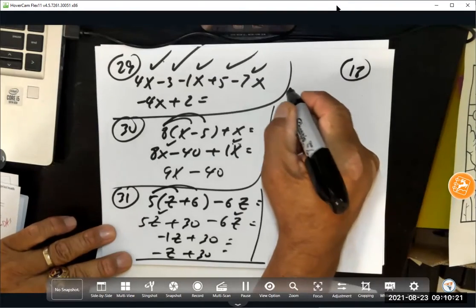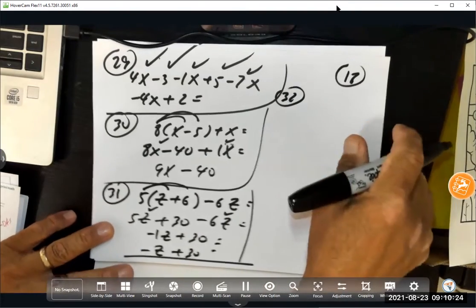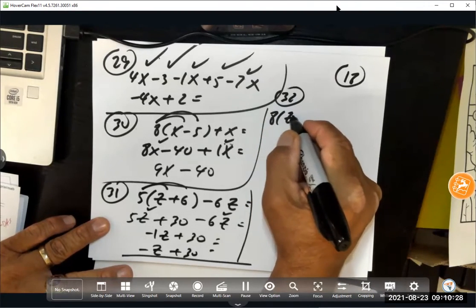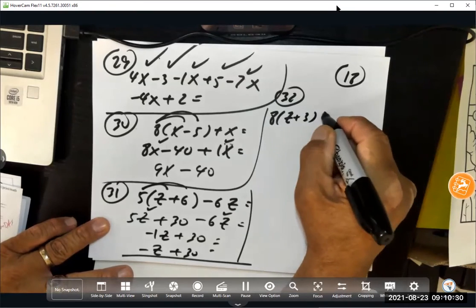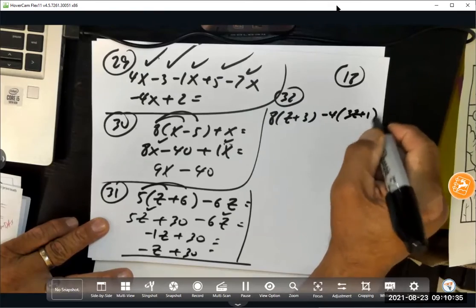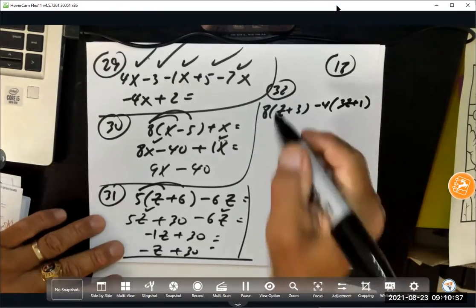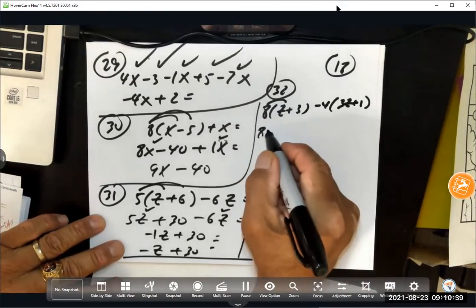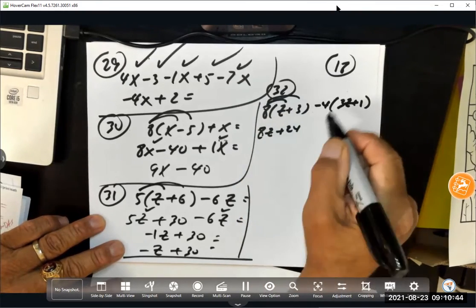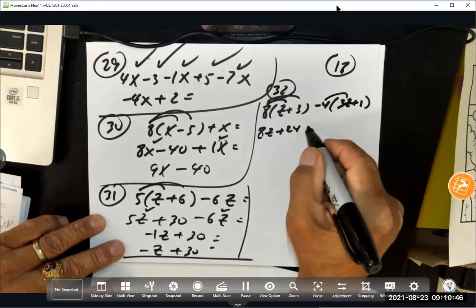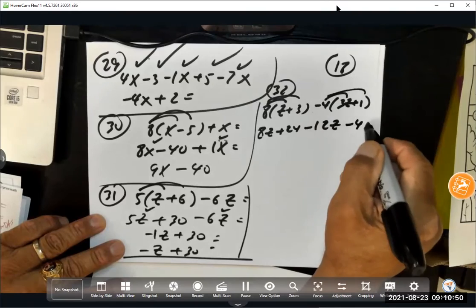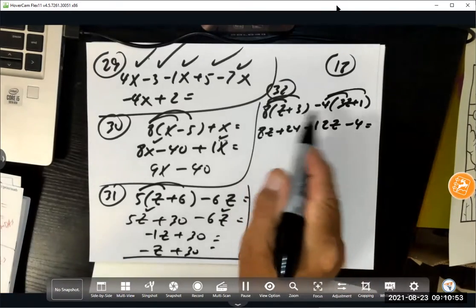All right, 32. I'm going to put double parentheses. So 8 times z plus 3, minus 4 times 3z plus 1. Ready? So 8 times that is 8z. 8 times 3 is 24. Minus 4 times 3z is minus 12z. And then 4 times 1 is negative 4. I distributed the multiplication on both of them.